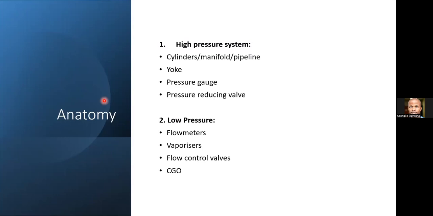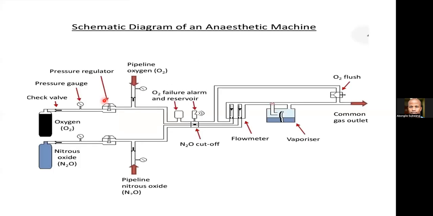So that's how you divide a machine. Even if you want to divide it into the intermediate system, you can, but most texts talk about high pressure and low pressure system. But I don't think anyone would question you if you divide it into three.